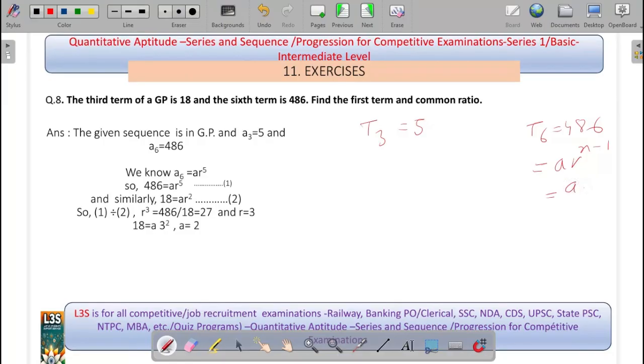That means T6 is A into R to the power 5 is equal to 486.